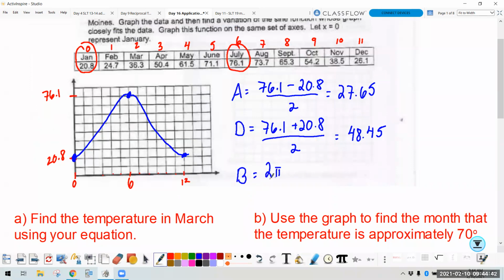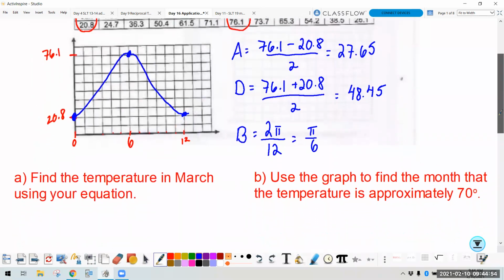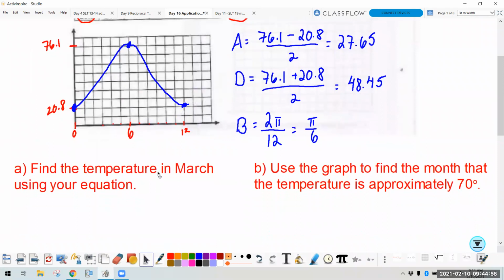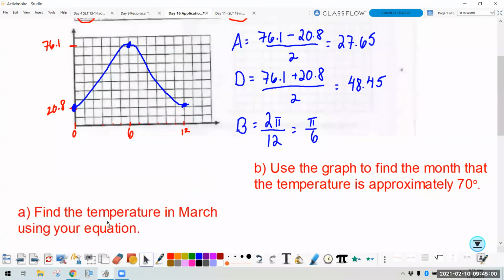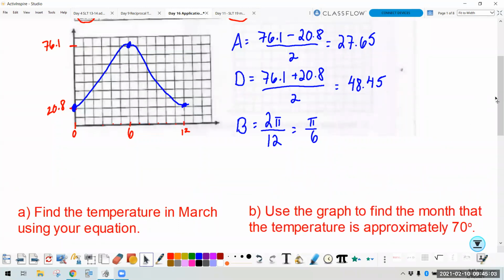So that's 2 pi over the period, which would be 12. We reduce that to pi over 6. And then we're going to skip number 2. Whoops, that's all attached. So you can use the space, either cross off number 2 or just work around it.